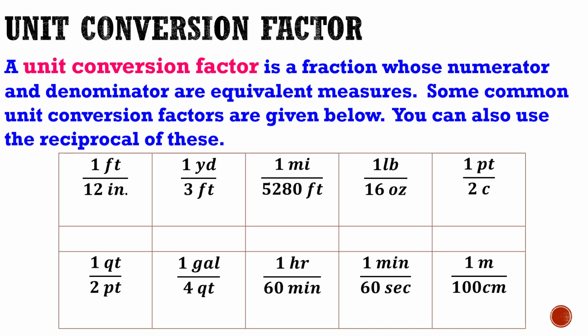Now the inverse or reciprocal of these is true as well. Up here in the top left, 1 foot to 12 inches, it's also true that 12 inches is equal to 1 foot. So we could have written that in the reverse order, 12 inches over top of 1 foot.